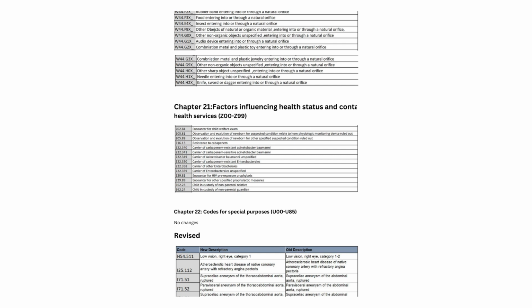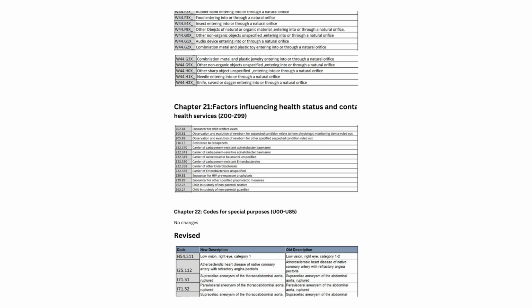Other new codes added include those for the encounter related to HIV pre-exposure, other prophylactic measures, and new codes that we already discussed about SDOH code for children in the custody of non-parental relatives or non-relative guardian. These SDOH codes offer a lot of new options.